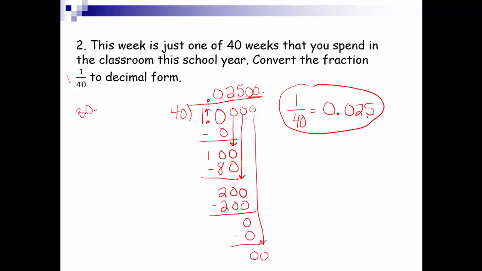So I call this a terminating decimal. 0.025, to me, terminates or ends. But New York State wants you to recognize that you could continue this by writing a series of zeros after that 5. Just a little distinction between my thoughts and the standard I have to teach you.